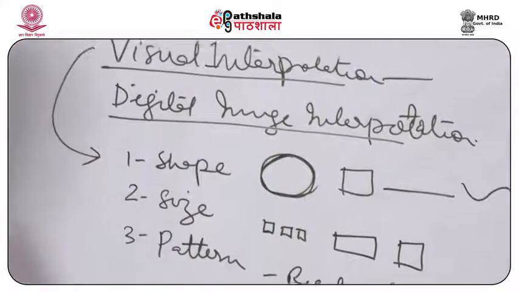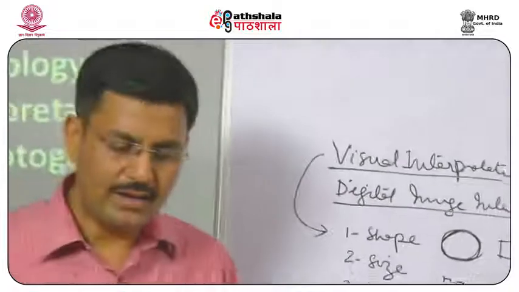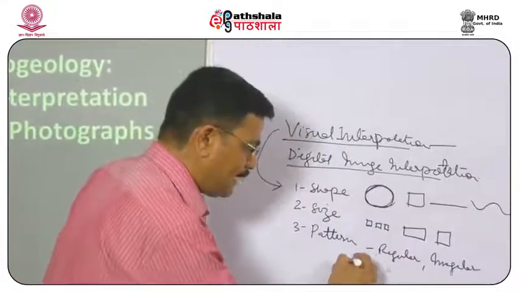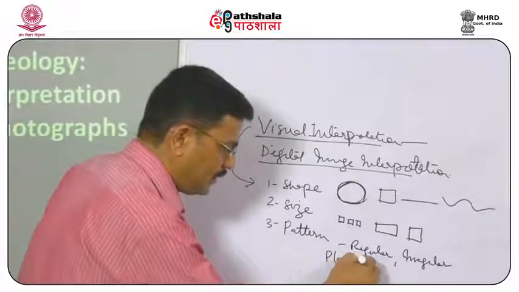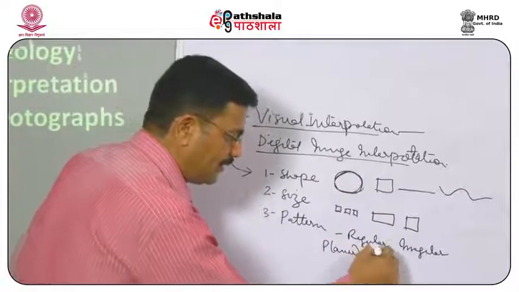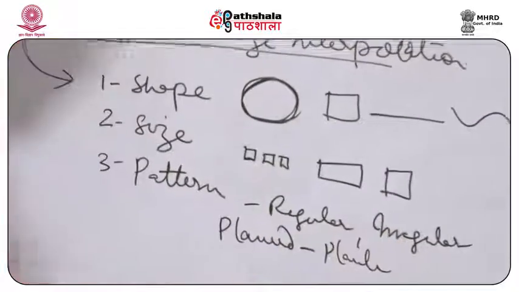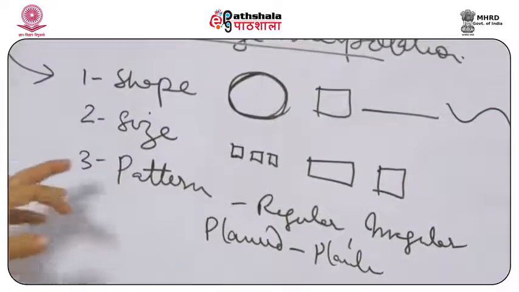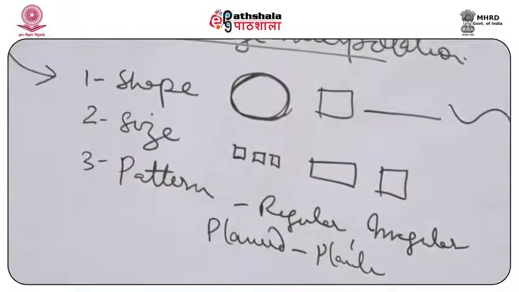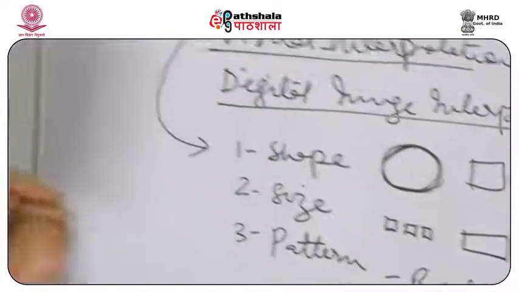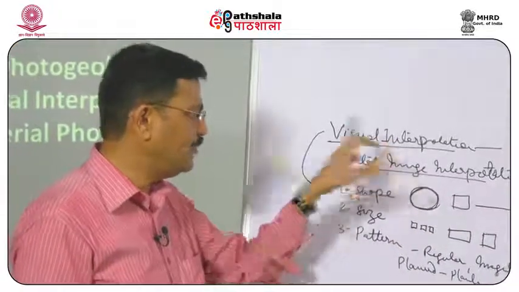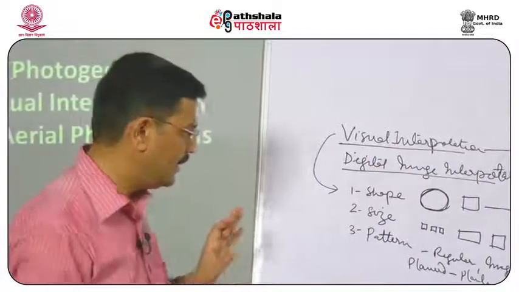If you have trees which are planted in a regular way, what we can say is that it is a planned plantation. But if it is naturally growing, that will be haphazard. So, that will be irregular. So, pattern is another very important element that helps in visually identifying a particular object and feature.